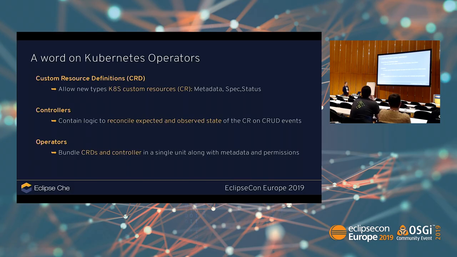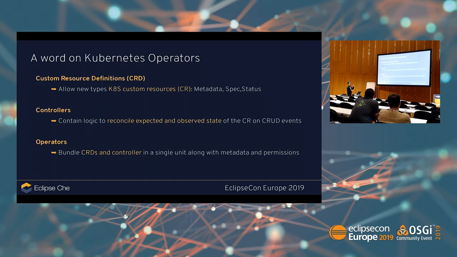So, custom resource definitions, just a word on operators. Custom resource definitions allow adding new types of Kubernetes objects, Kubernetes resources, into the cluster, in which you can define your own metadata, specification, and expected status.